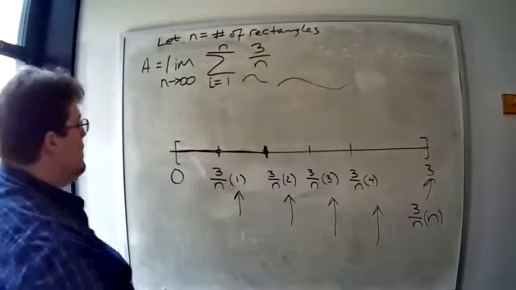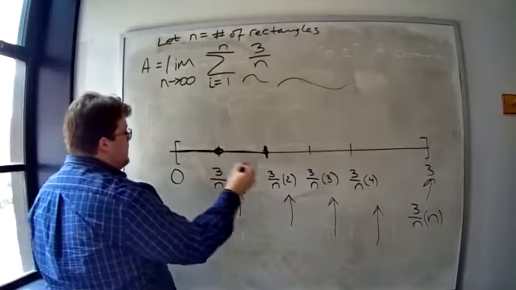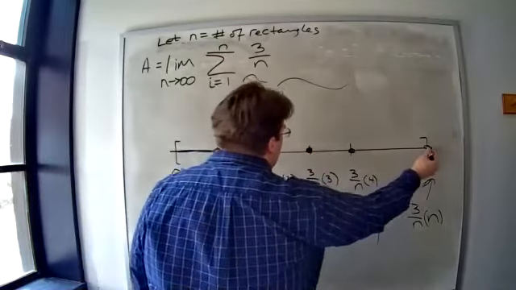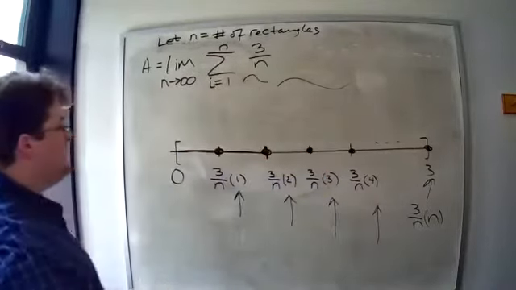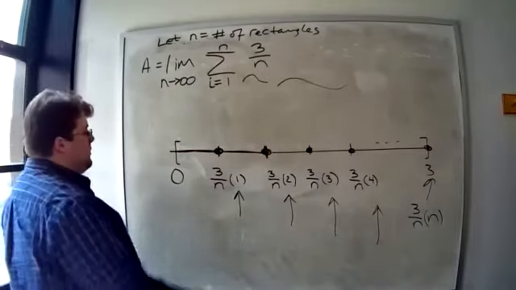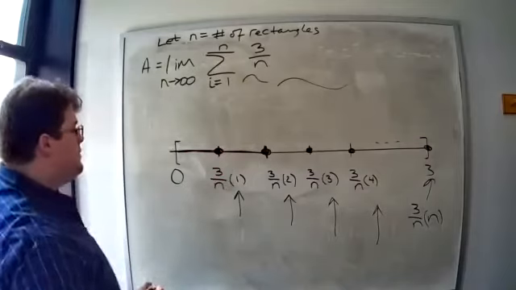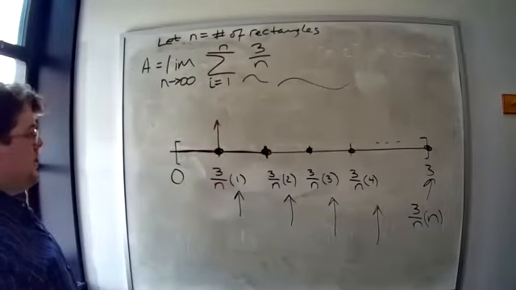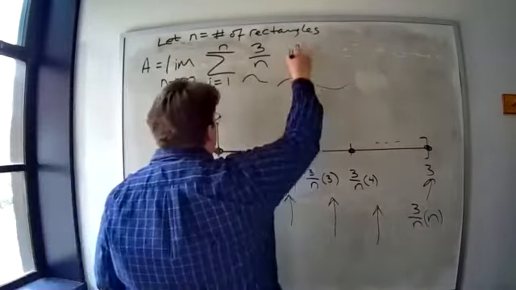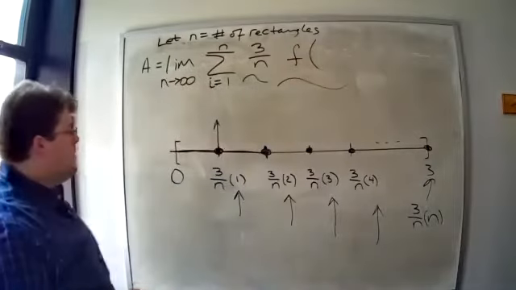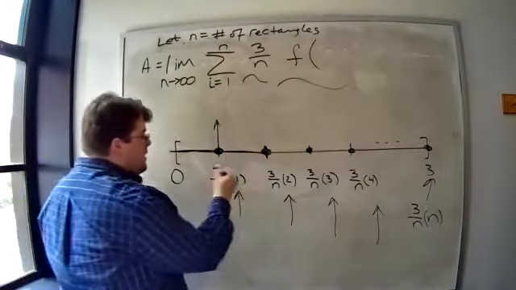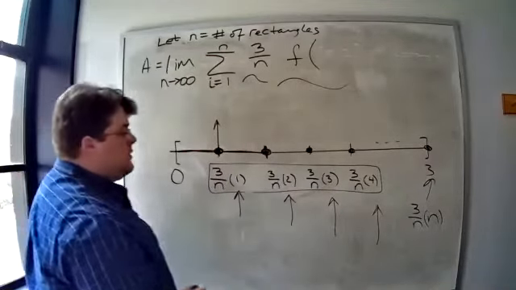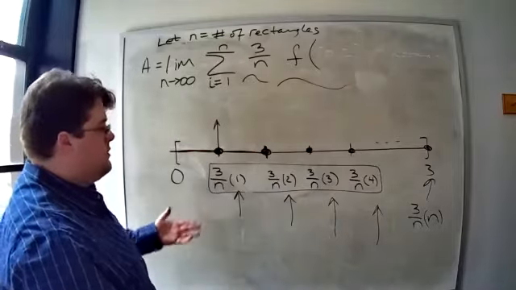What's the height of the rectangle? Well, we're going to use these endpoints. We're going to evaluate the function at those ends. You can put a dot, dot, dot in there if you want. But we're using these values. How can we use those values? Well, the height of the rectangle is given by the function evaluated at each of those points. So we need to evaluate the function at these points. How are we going to do that? Well, we're going to use i to count through these. The 3 over n, notice, exists in all of those x values.